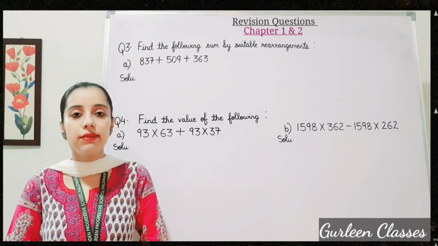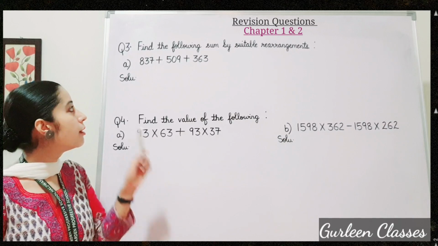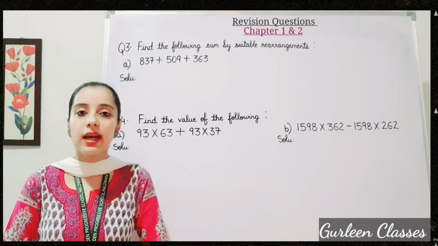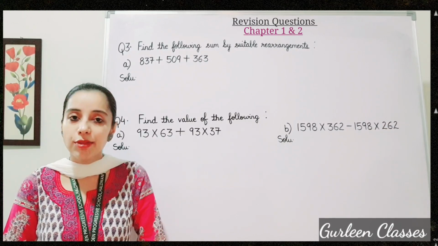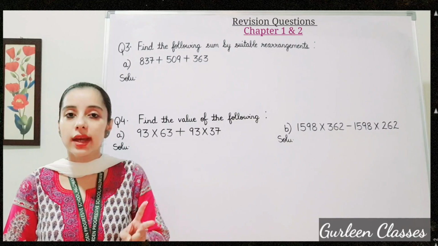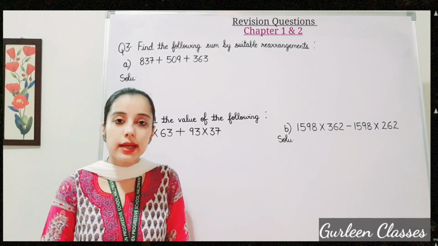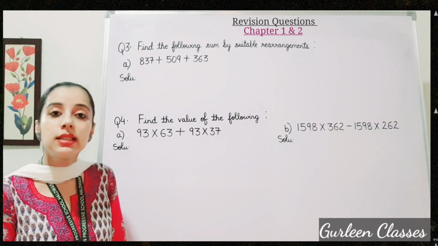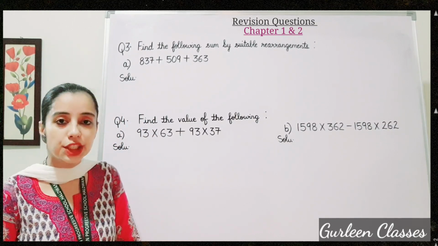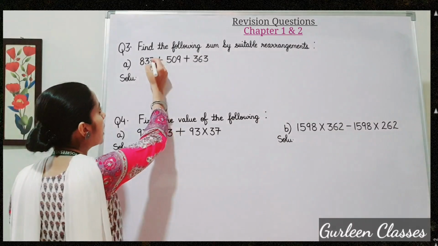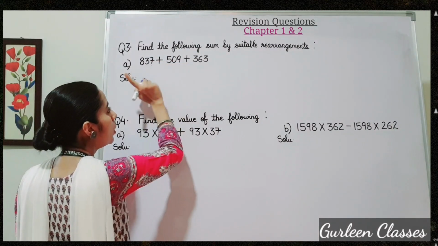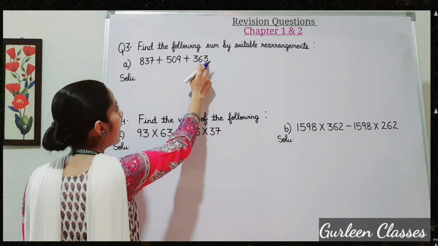Question number 3, find the following sum by suitable rearrangements. A bar 837 plus 509 plus 363. You have to add 2 numbers together. If you add, at last 0 should come. Our target is to get the 0 at last, just to reduce our calculation. So let us see the digit at ones place. 7, 9, you will not get 0. 7 and 3.